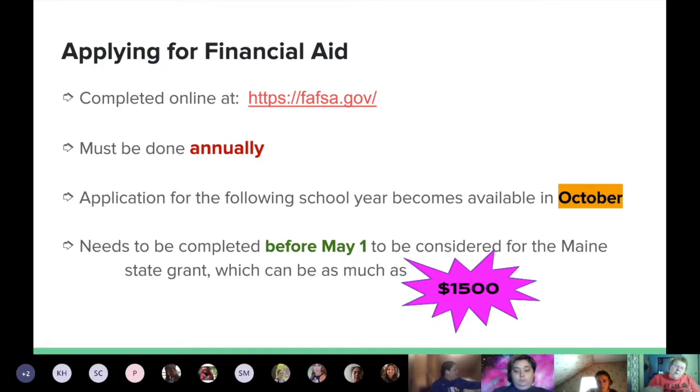When I was in high school, I'm all set with that, but this is something that you have to renew annually. And like Landy had said, the application for the next academic year comes out in October now instead of January, making it easier for students to be able to access it sooner than later.